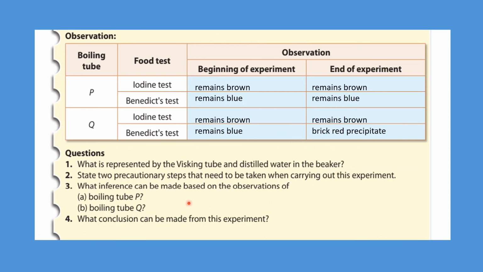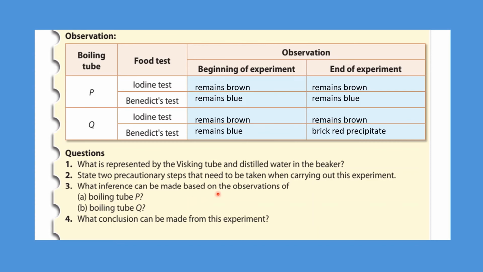For boiling tube Q, the Benedict solution forms a brick red precipitate with the presence of glucose, which is of smaller size and can pass through the Visking tube into the distilled water.